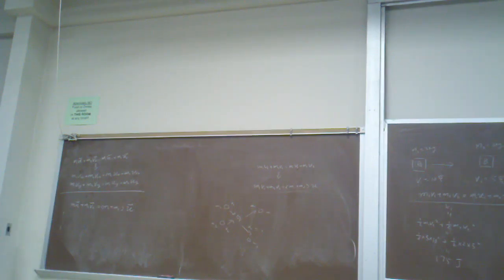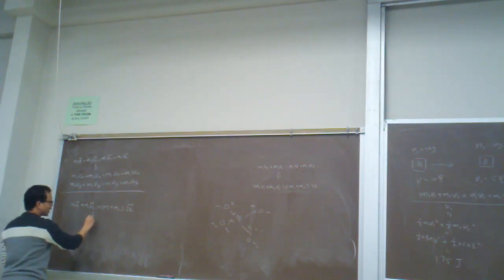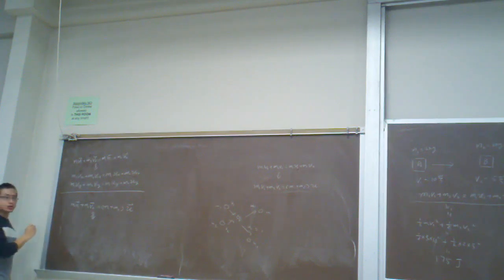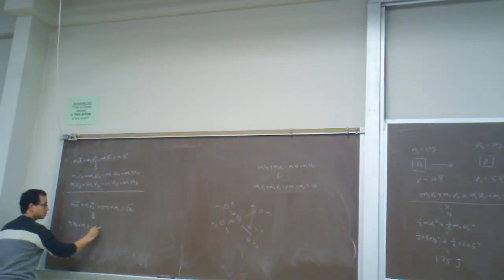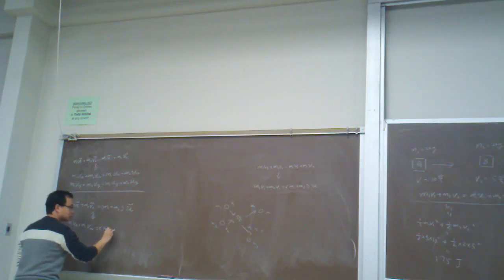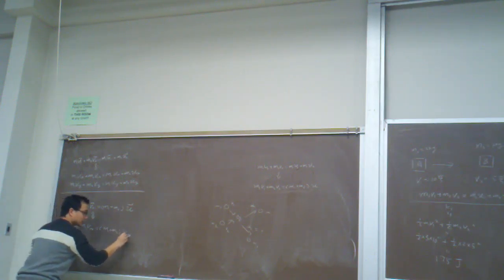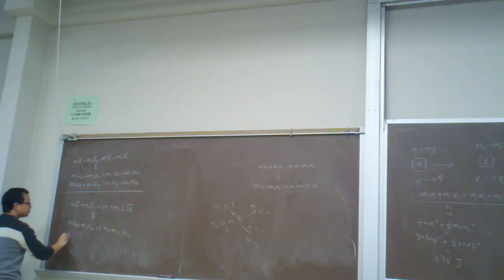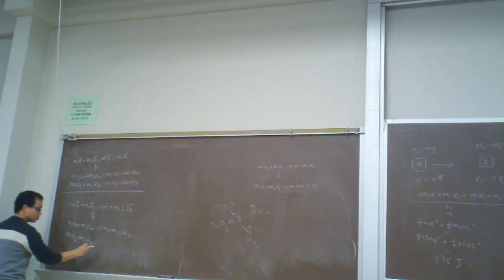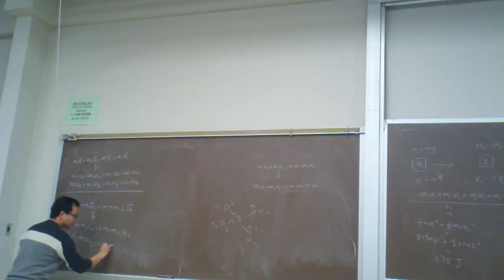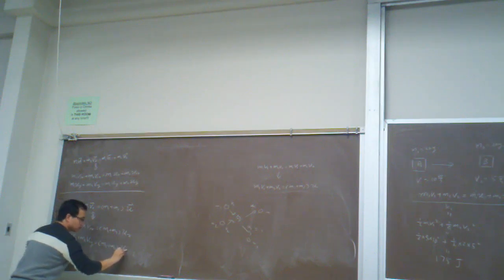And again, this vector equation means we have to deal with two component equations. One is m1 v1x plus m2 v2x equals (m1 plus m2) ux, and then m1 v1y plus m2 v2y equals (m1 plus m2) uy.